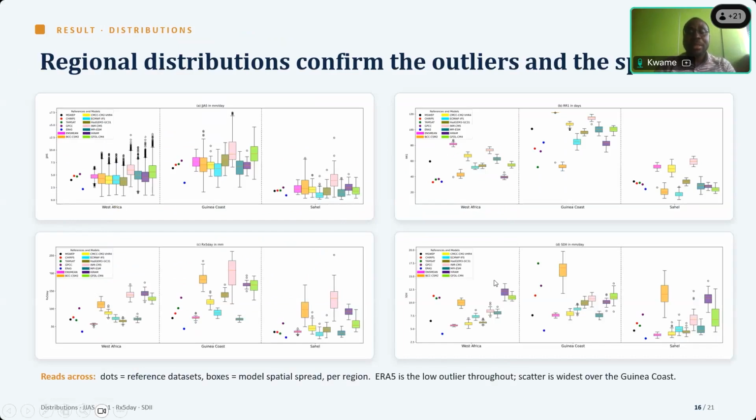Then the other part represents the extreme precipitation index that was done. Generally, a clear picture is seen over the Guinea coast, where most models tend to have higher boxes. The boxes represent the interquartile range or the variability of the data set, the seasonal variability. So you see that seasonal variability increases mostly over the Guinea coast.